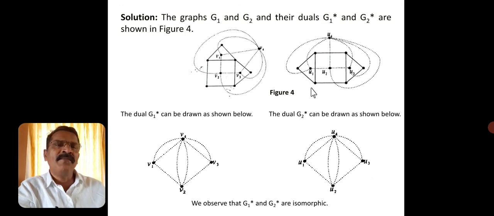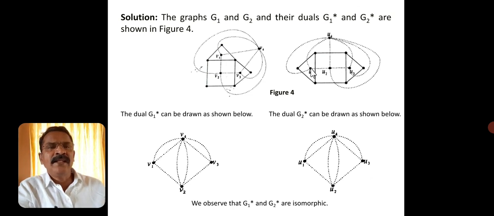Similarly, you have to identify the faces of the second graph and insert one vertex in each face and one vertex for the exterior face. Follow the same procedure, you will get the geometric dual of the second graph. Now separately I have taken the geometric dual of the first graph and the geometric dual of the second graph, redrawn, because the location of the vertices and straightness of the edges in graph theory is immaterial.